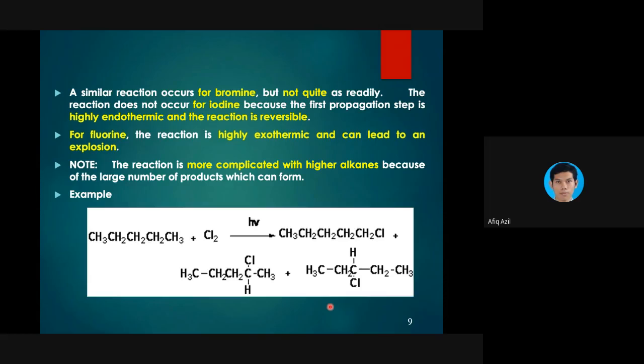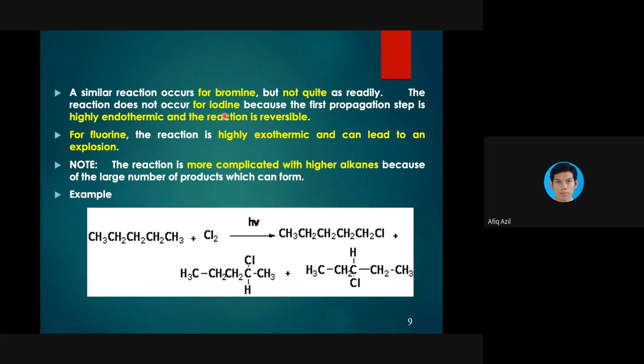The reaction does not occur at all for iodine because the first propagation step is highly endothermic and the reaction is irreversible. Endothermic means the reaction absorbs energy. So for iodine, if you want to convert it into iodine free radical, you need a very large amount of energy.